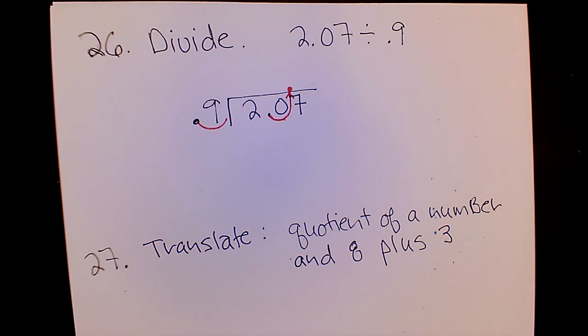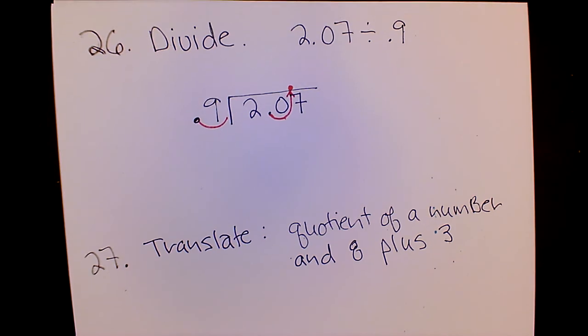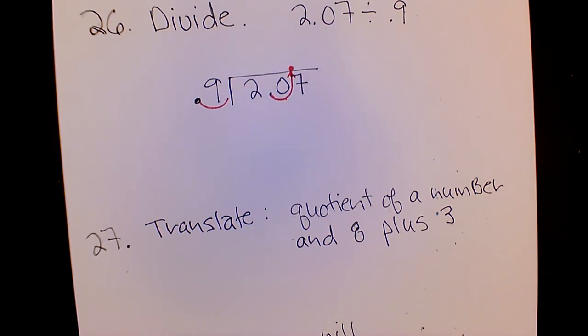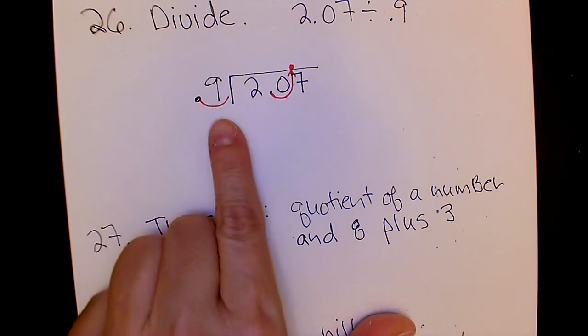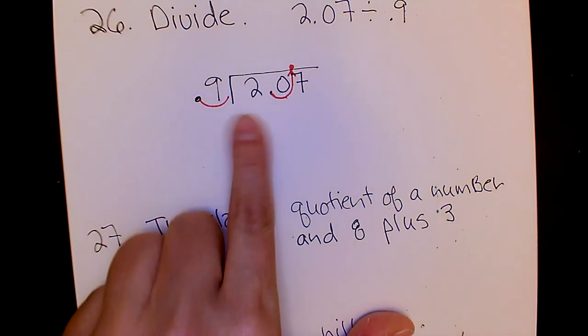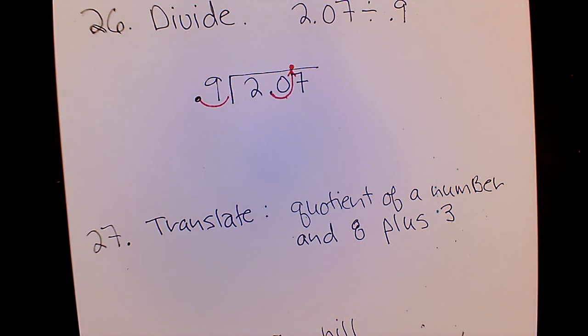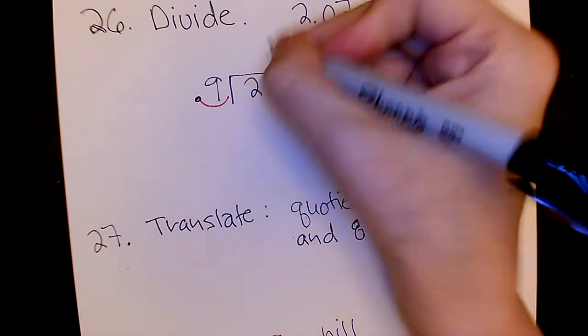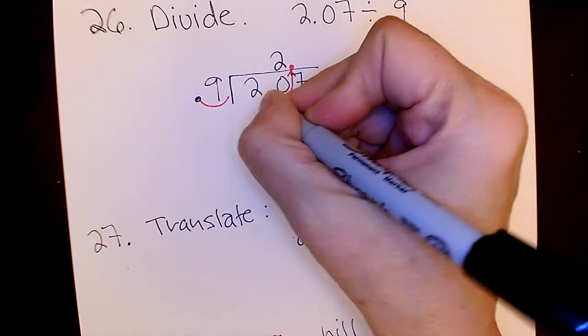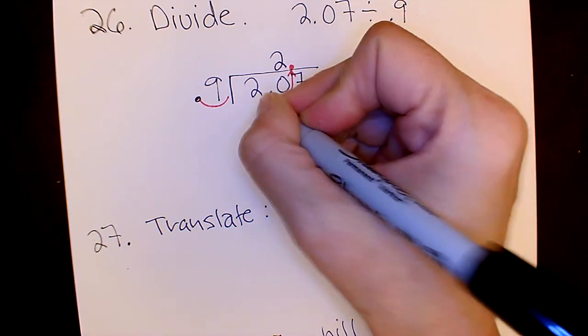So it's just regular division. Does 9 go into 20? We know 9 doesn't go into 2, but does it go into 20? Well, 9 times 1 is 9. 9 times 2 is 18. So that's pretty darn close.